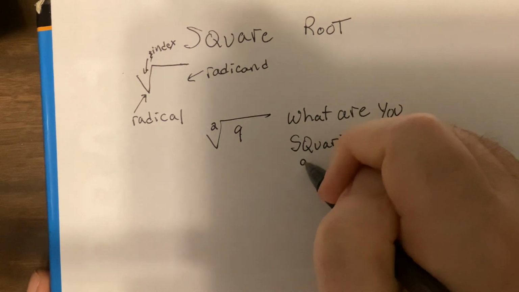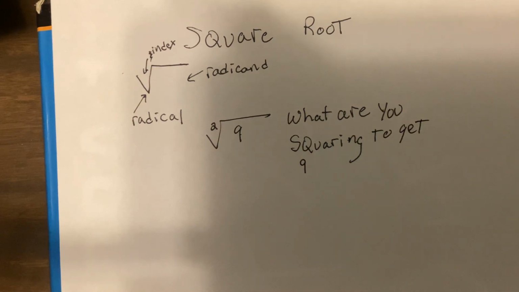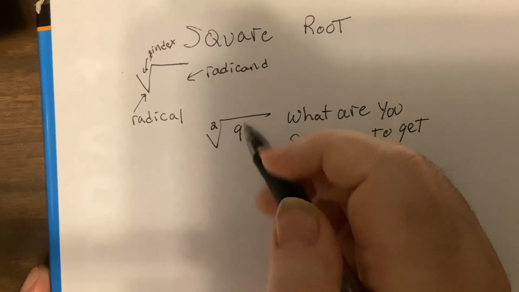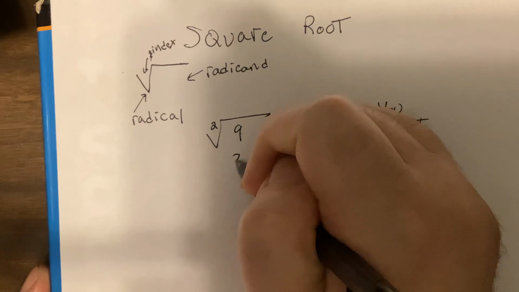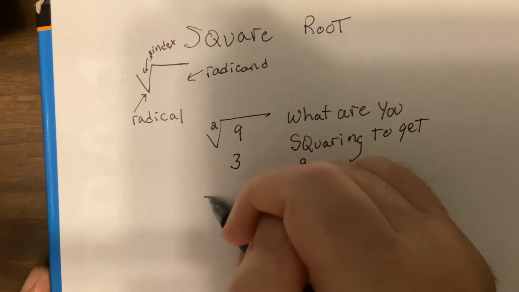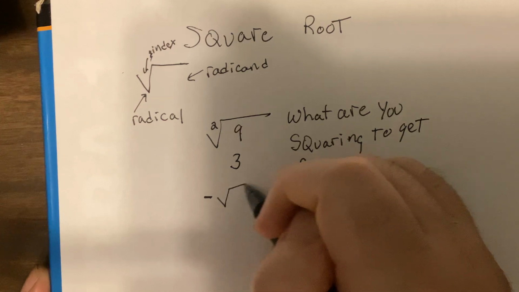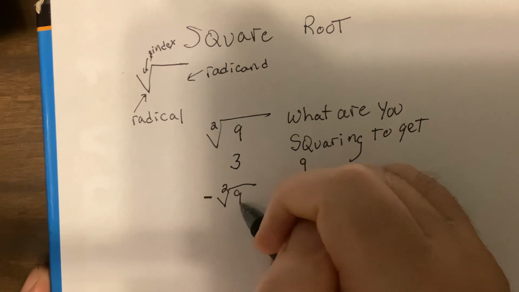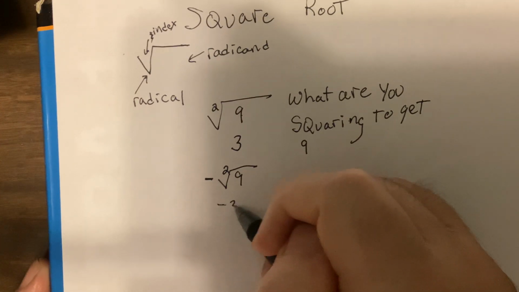A while back, I asked you guys to memorize your squares. This is one of the reasons. What do you square to get 9? Of course, 3. If I want the negative answer, I'd put a negative out front, and that would be negative 3.